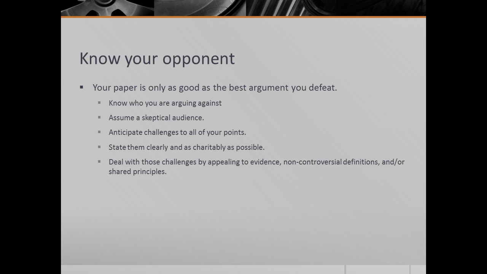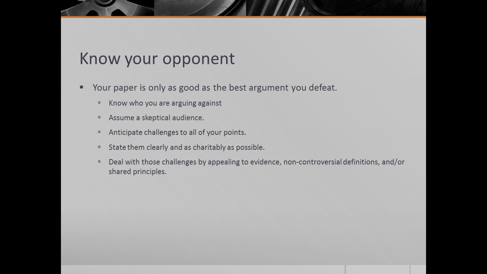Anticipate challenges to all your points. This requires a little bit of mental acrobatics, but you need to be able to think about what other people will say in response to what you're saying, right? So you need to put yourself in their shoes and say, okay, if I were to hold these other views, what would I say?